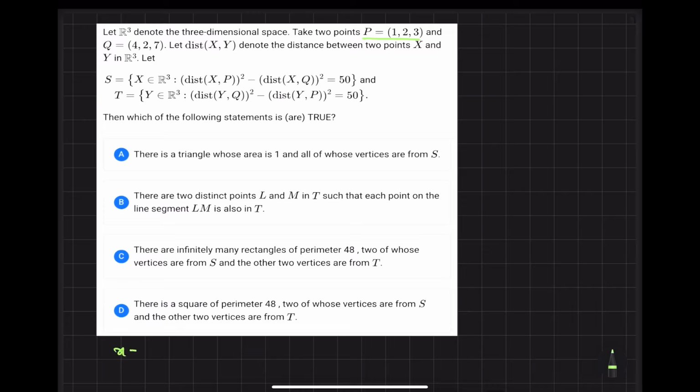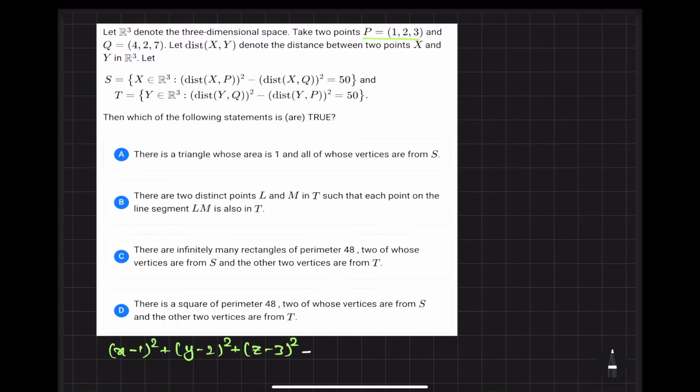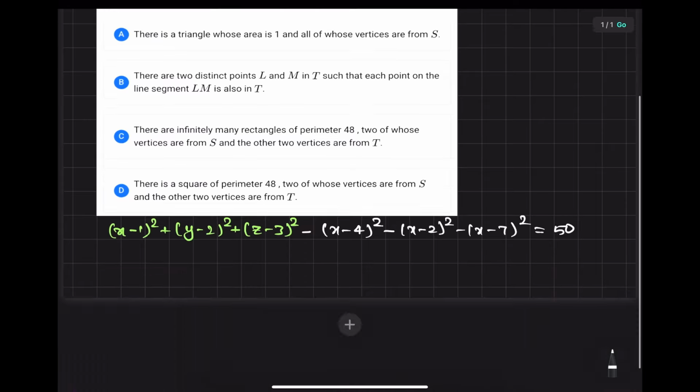Can I write (x minus 1) whole square plus (y minus 2) whole square plus (z minus 3) whole square? So this is your first part. Now we have to do minus XQ: (x minus 4) whole square, (y minus 2) whole square, (z minus 7) whole square, equals 50. Okay, we need to solve this part first.